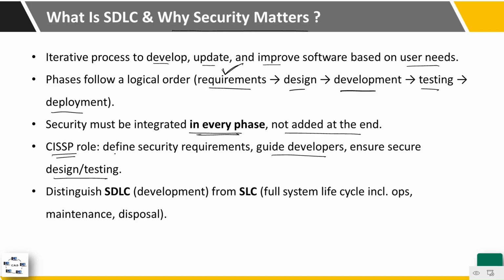The CISSP does not need to do the actual coding or develop the software, but to define and look for the security requirements in the development. We also need to distinguish SDLC, which deals with the development of the software, from the SLC, the software life cycle, which is the full system life cycle that also includes the operation of the system, the maintenance, as well as the final disposal.